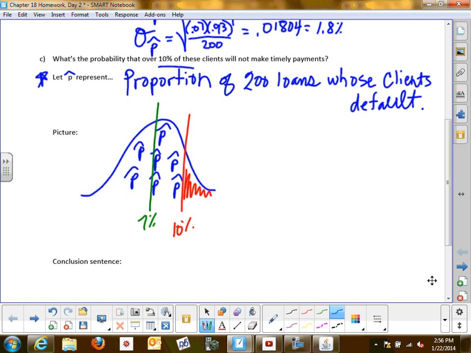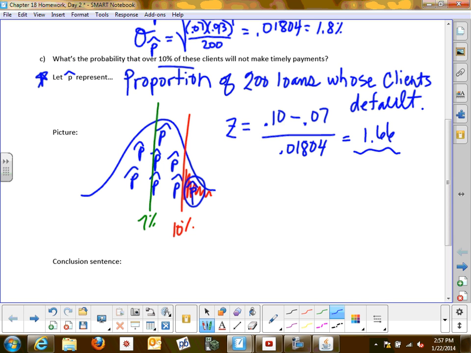In other words, what's the probability that you get one of these p hats, this sample, in this area? Of course, you're going to use your z-score. You see how far away your 10% is from what's expected on average with this standard deviation, and that is 1.66.